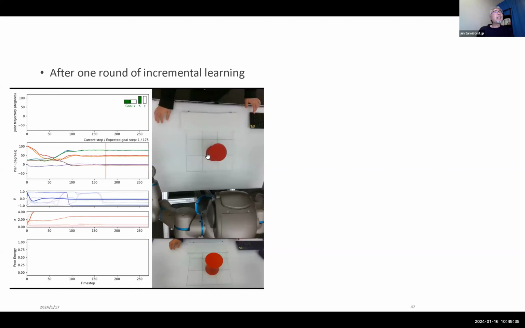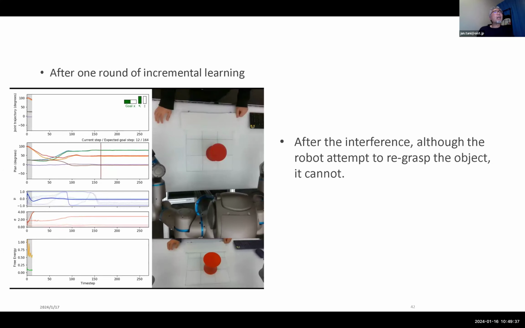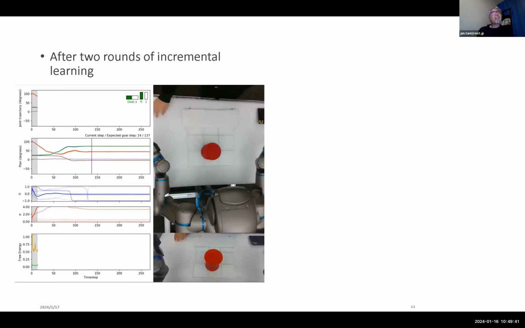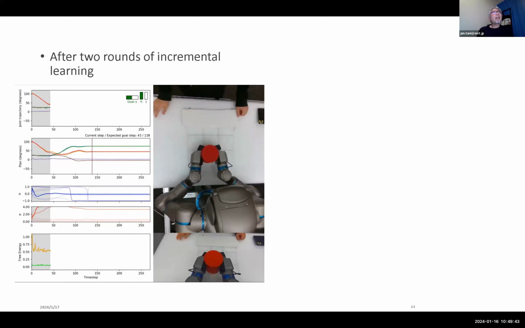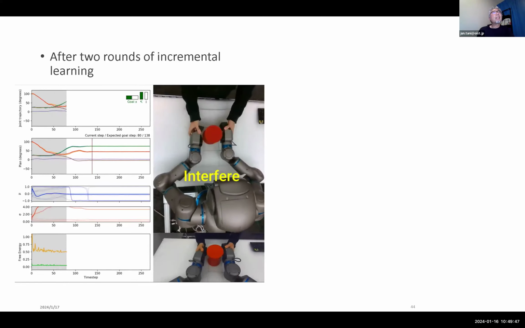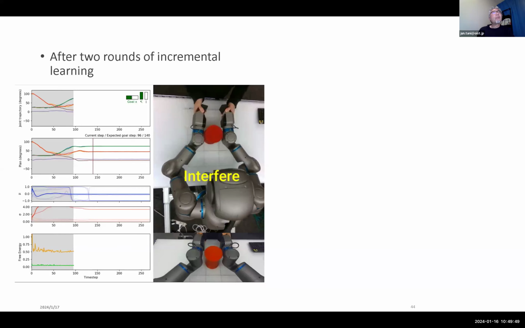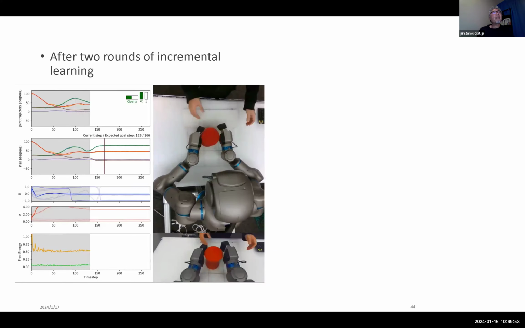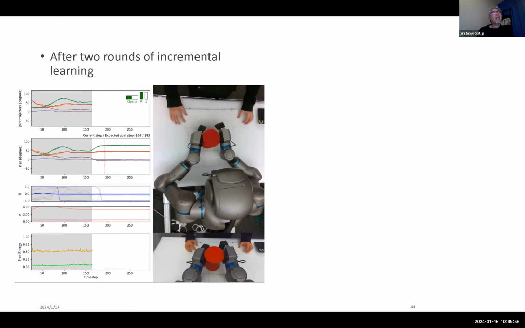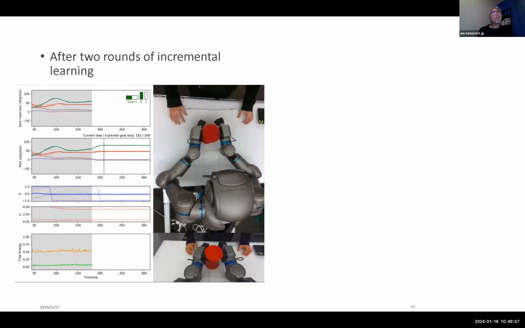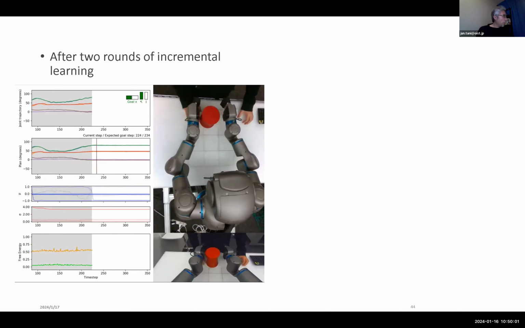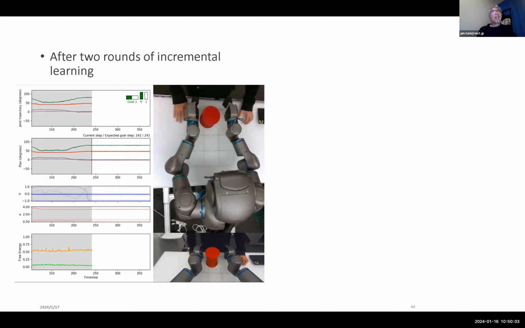In the end, what we got is this, after two rounds of incremental learning. When interfered with, the robot is lost once, but it can now self-recover. It is kind of slow, but it can do it.